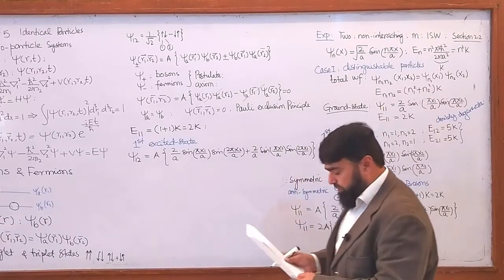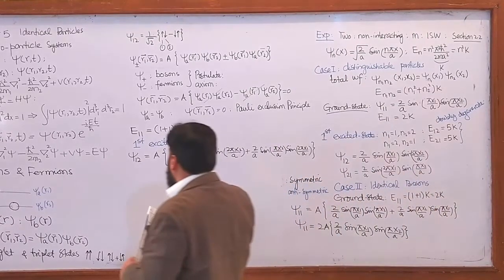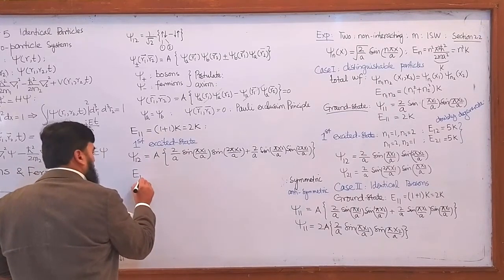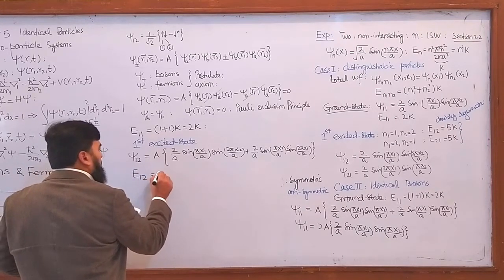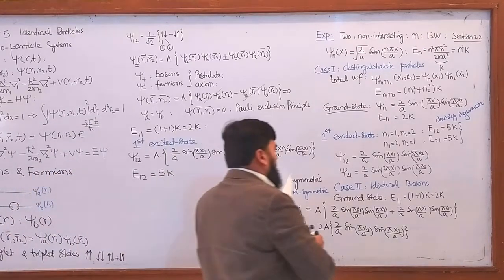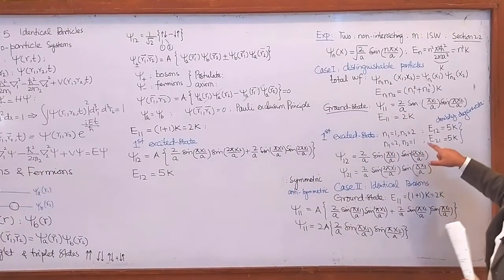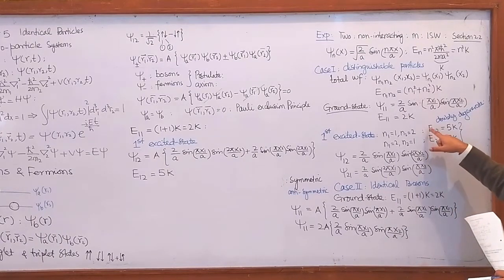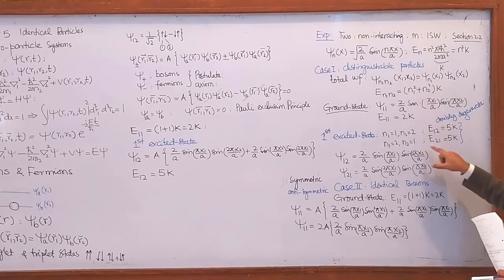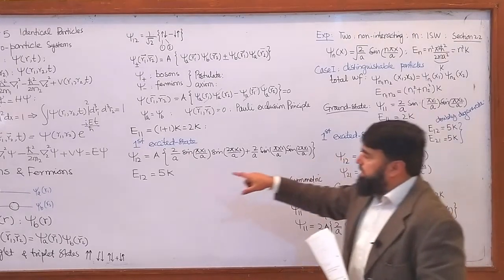And what about the energy? The energy is 1, 2, so it is equal to 5K. What was the energy in terms of the first excited state of distinguishable particles? It was 5K. And this energy is also 5K.